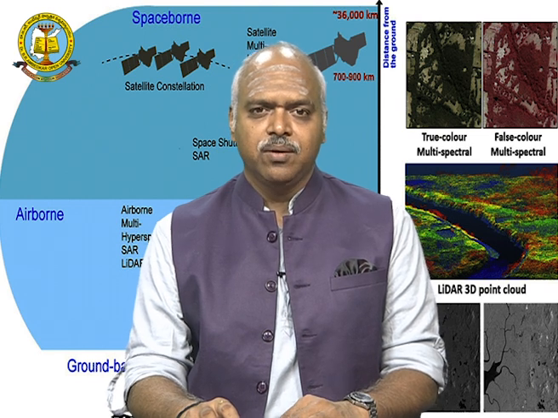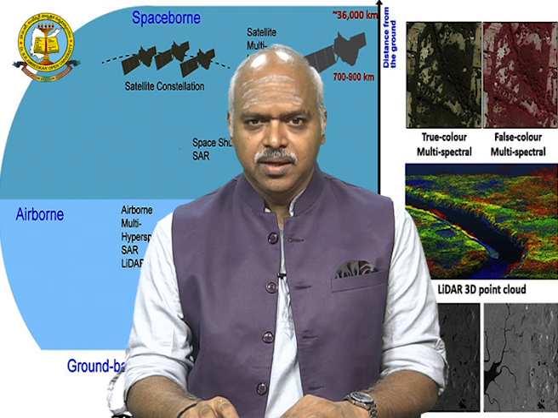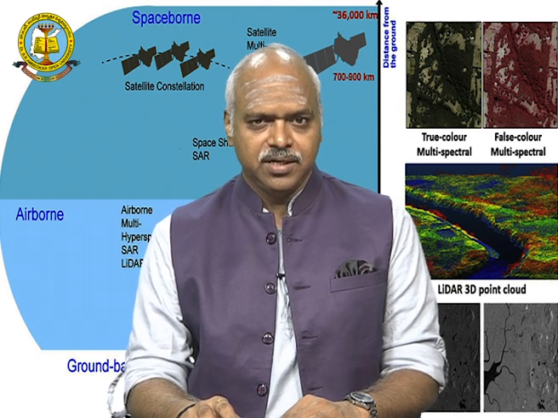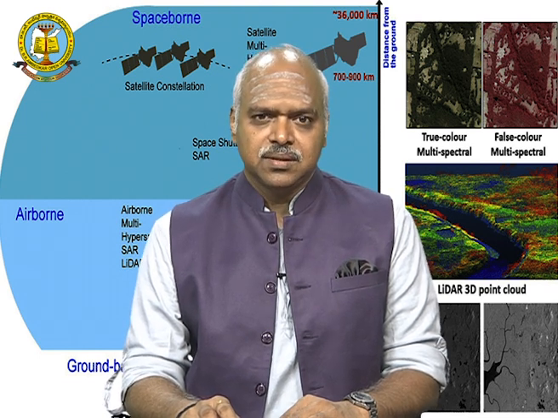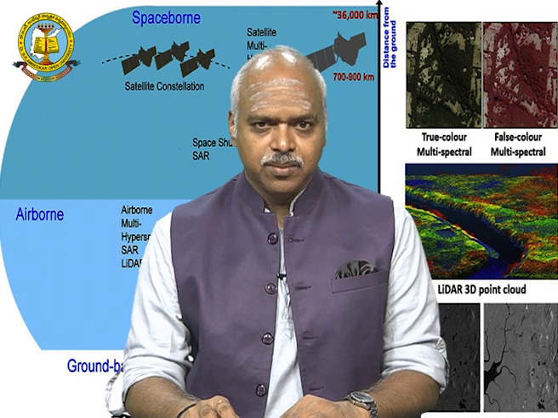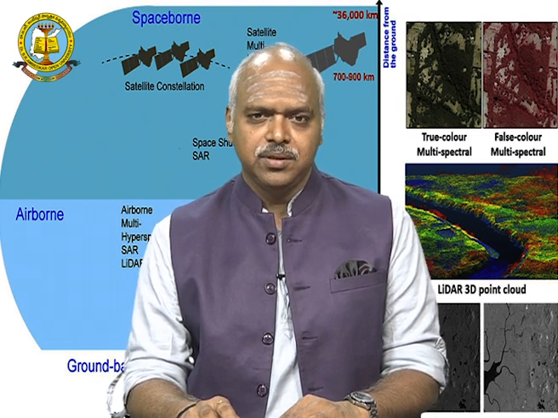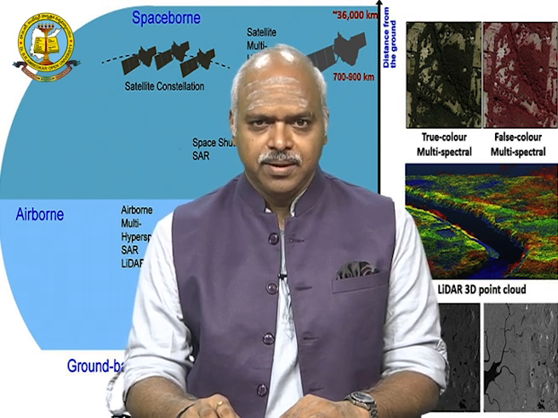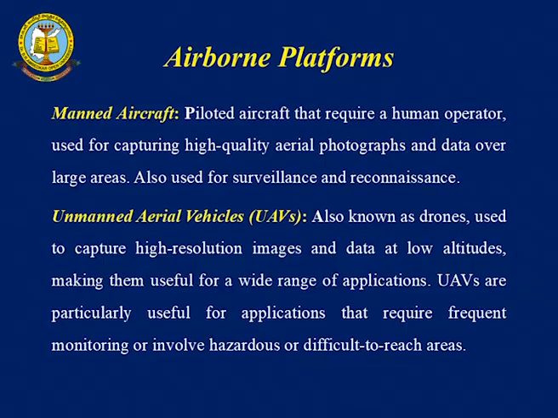Now we also have cameras attached to the belly of the aeroplane that capture the information, and that information is the aerial photograph. These instruments are capable of surveying large areas and provide very good detailed information that helps us in different mapping processes. And we have the second category, unmanned aerial vehicles.